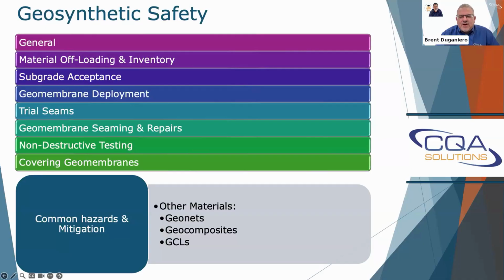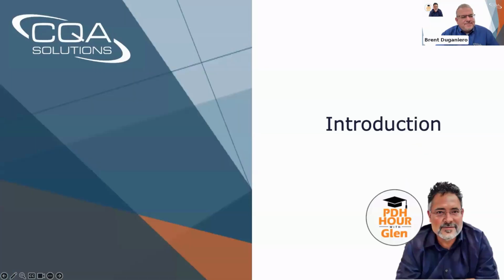We'll discuss material offloading and inventory, subgrade acceptance, geomembrane deployment, trial seams, geomembrane seaming and repairs, and non-destructive seam testing. We'll also talk about covering the geomembrane, and then spend some time on other common materials, such as your geonets, geocomposites, and your GCLs.